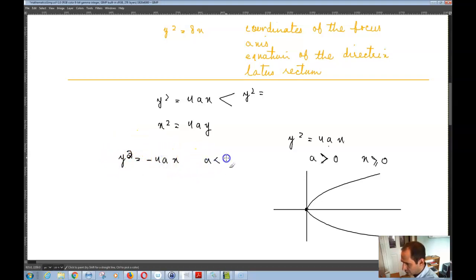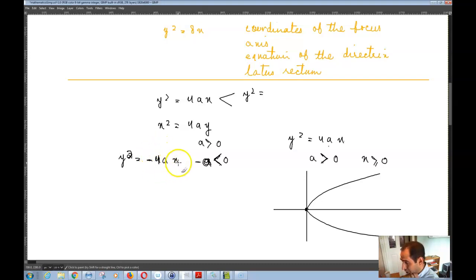So over here the coefficient negative 4a is a negative value, since a is a positive value, and negative a is going to be a negative value.